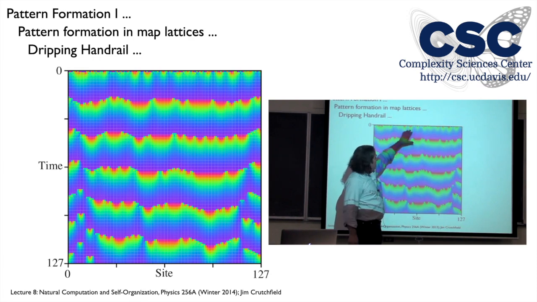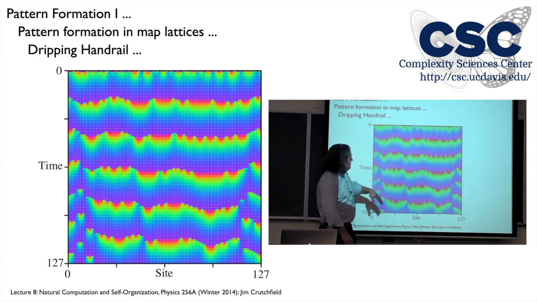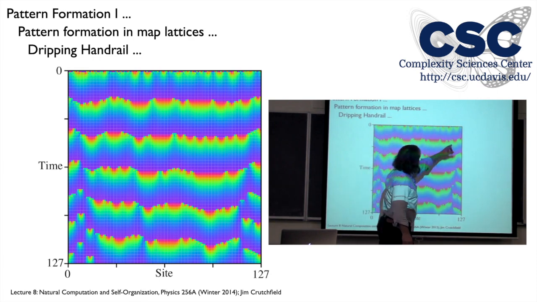That corresponds to the water layer getting thicker and thicker until you reach some thickness where the drop falls off and the lattice resets to 0 and it counts up again. Gets thicker and thicker and then drops. So the drops correspond to these flat regions here.